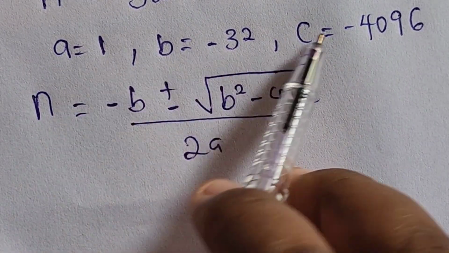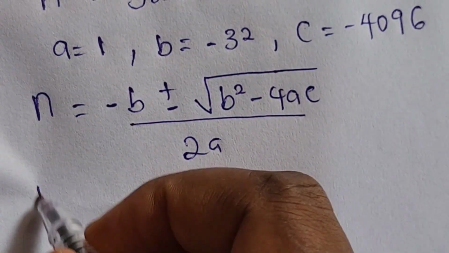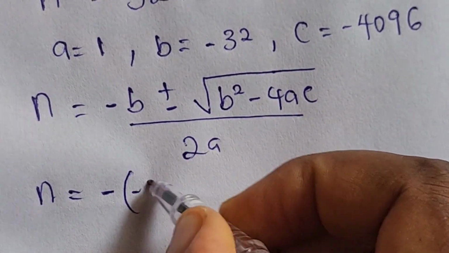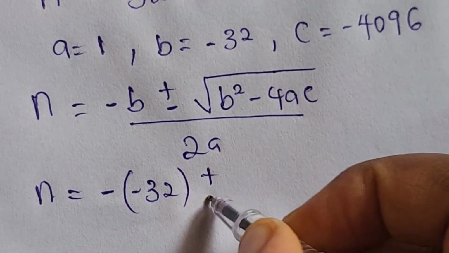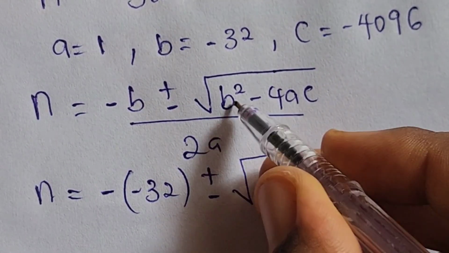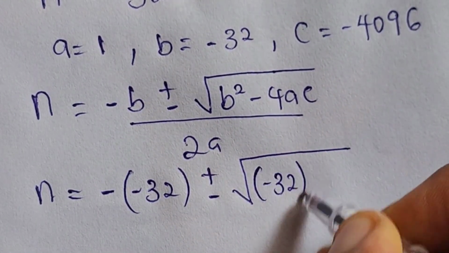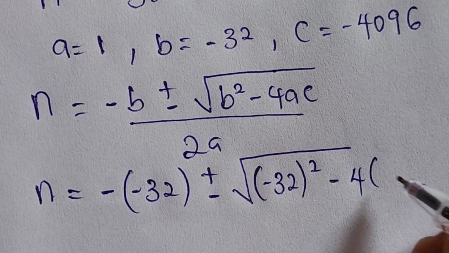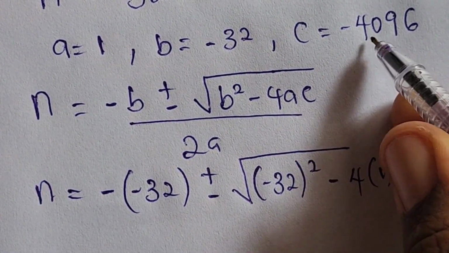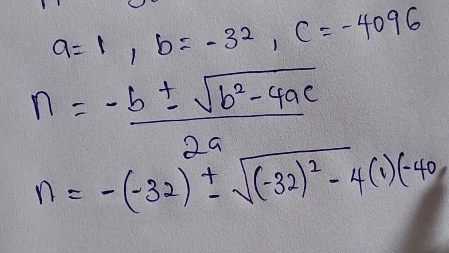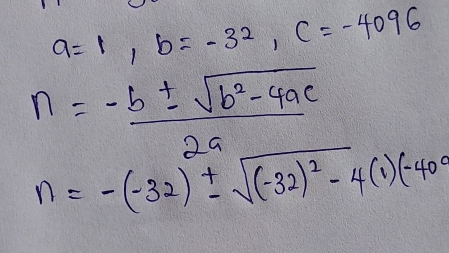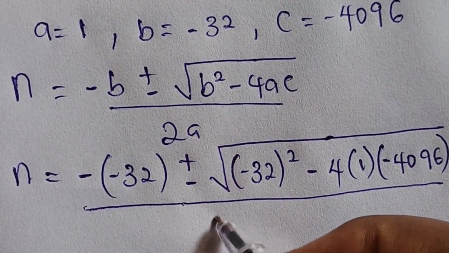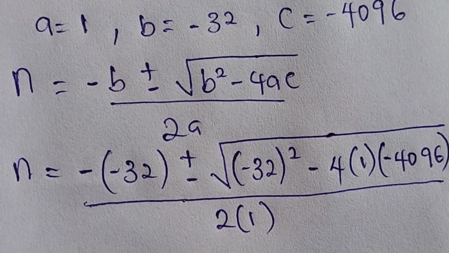So we'll be inputting the values of a, b, c to have n, which is equal to minus our b, which is minus 32, plus or minus the square root of our b, minus 32 squared, minus 4 times 1 times minus 4096, all over 2 times 1.